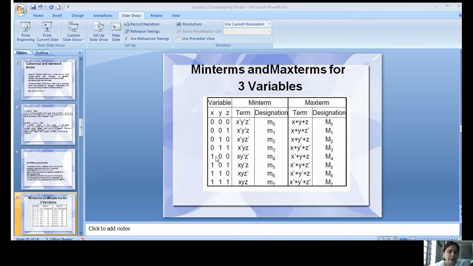Okay, this is for three variables. So three variables, 8 combinations. That means decimal numbers from 0 to 7. So this is called 0, this is 1, 2, 3, 4, 5, 6, 7.